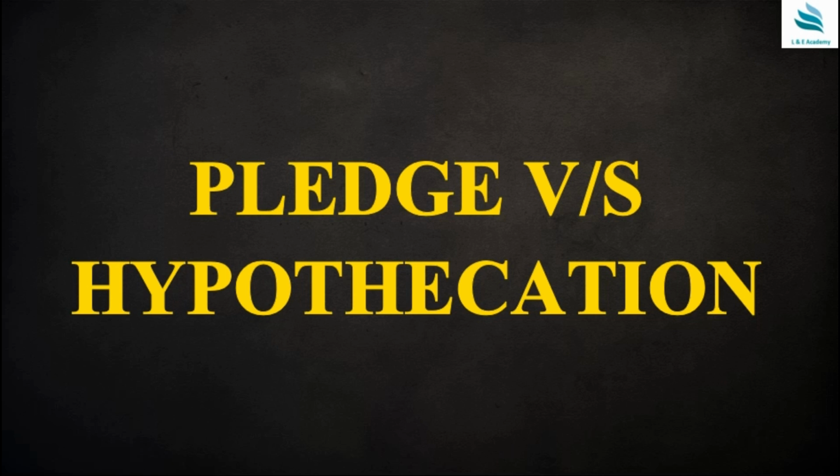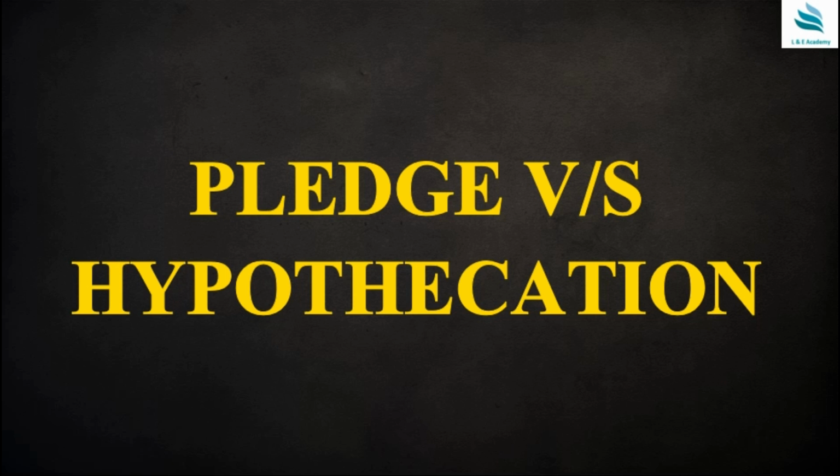So the possession of the asset remains with the lender, that is the bank, in case of a pledge, while it remains with the borrower in case of hypothecation. So a common example is gold loan in case of pledge and vehicle loan in case of hypothecation. These are very simple examples which you can understand.